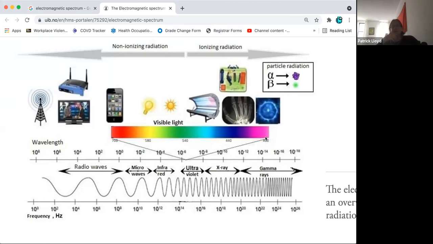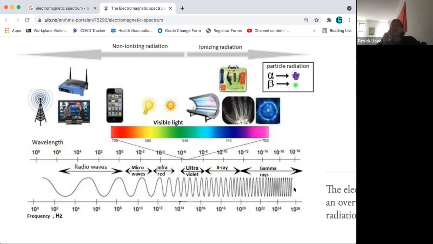And visible light is produced in different ways, okay? But notice how it's broken out. It's expanded. This is an expansion of a really tiny little sliver of the entire electromagnetic spectrum. It turns out that visible light is a form of electromagnetic radiation that is a part of a huge range of possibilities.